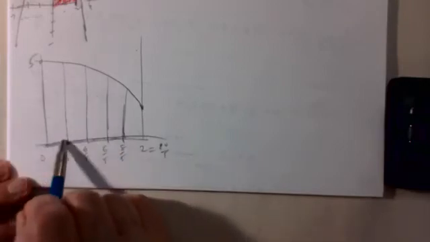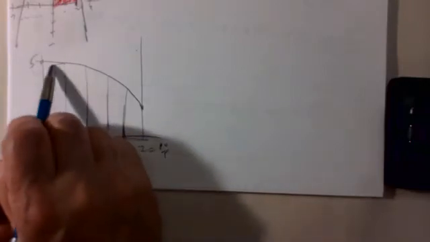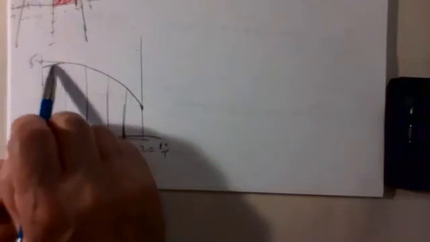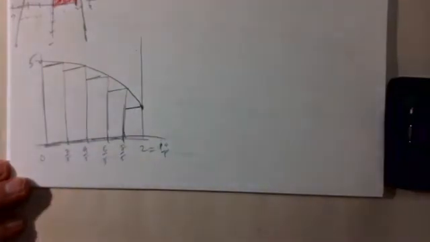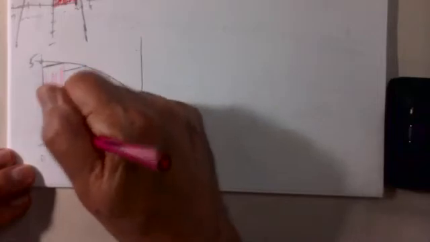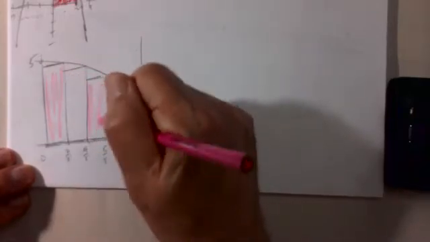And let me take the right-hand endpoint of each interval to build a rectangle. So here I have a rectangle. I have all these different rectangles.